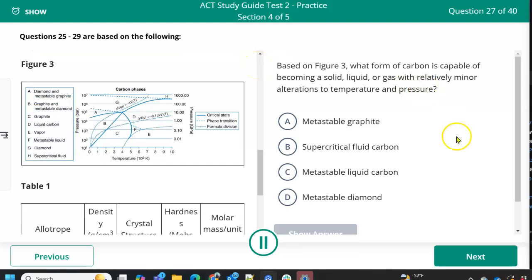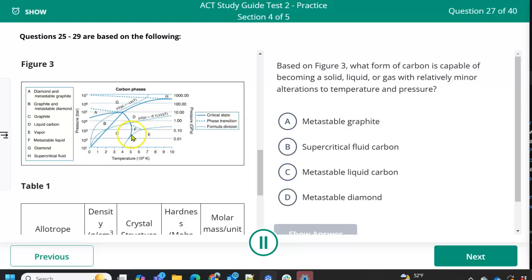Based on figure 3, what form of carbon is capable of becoming a solid, liquid, or gas with relatively minor alterations to temperature and pressure? Well, okay, wouldn't it already have to be a solid, liquid, or gas? Maybe it's talking about becoming some other form of liquid.